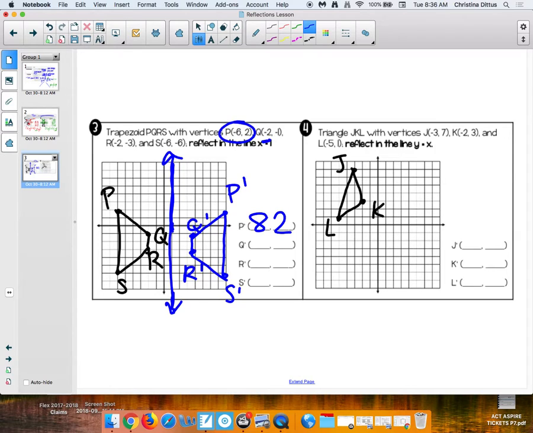What is Q's new coordinate? 4, -1. R? 4, -3. And S, 8, -6.